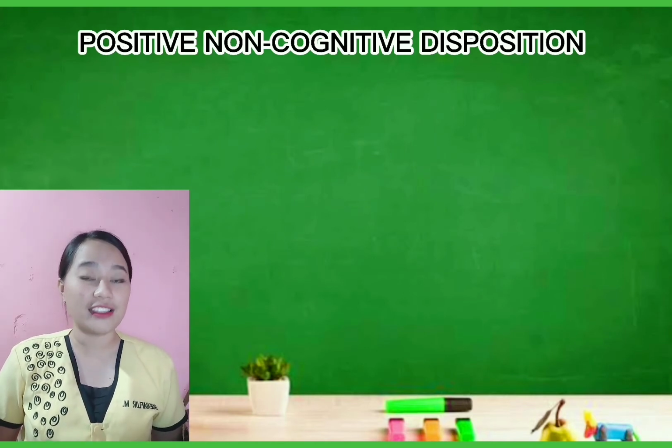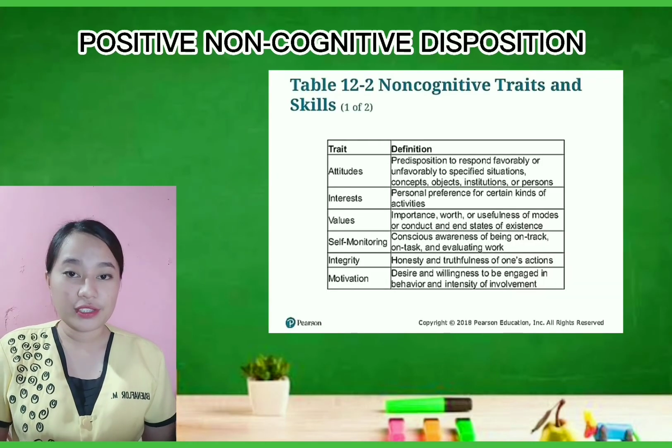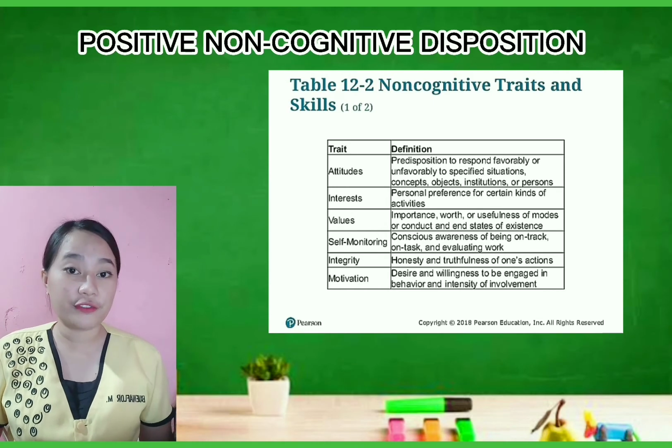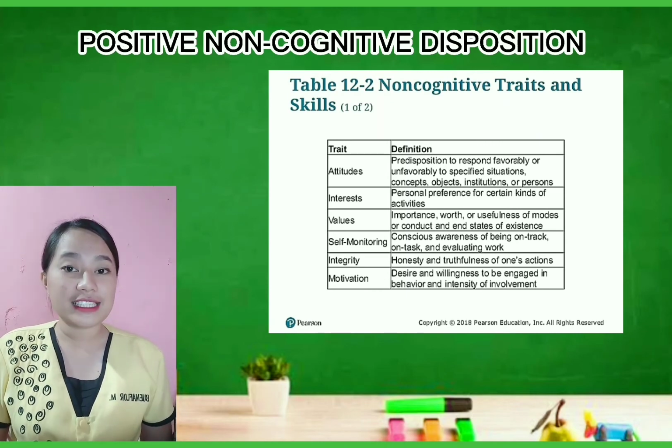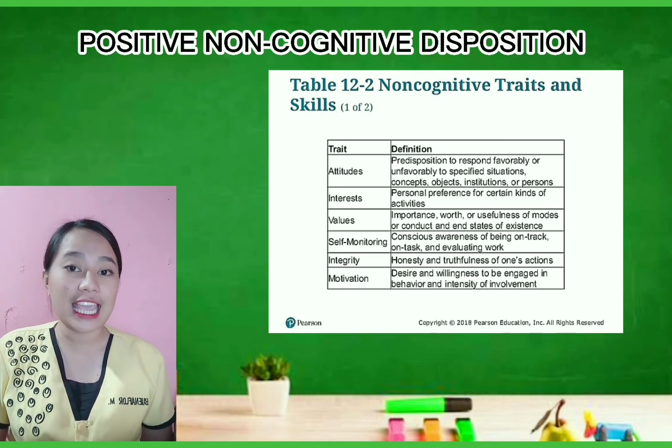Let's begin with the attitude. So attitude focuses on the favorable and non-favorable specification in terms of situation between the concept, object, and many more. The second one is the interest. So these traits focus on the personal preference of the students in dealing with different kinds of activities.